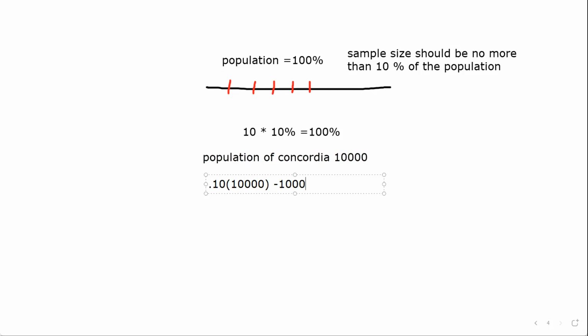Now, that's the maximum size of your sample if your population is 10,000 people. This is the other way to think of it, but I think it's harder to think of it like this. You only sampled, in your case on part A, 1,000 people.